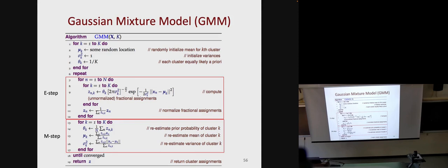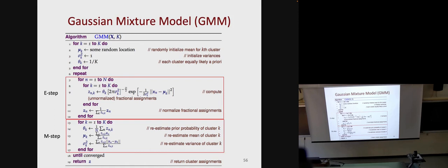And then we have 2 steps: an E step and an M step. In the E step, we find this allocation. We compute these variables. So for each data point n, for each cluster k, we find the probabilistic assignment of data point n to cluster k, according to this likelihood.